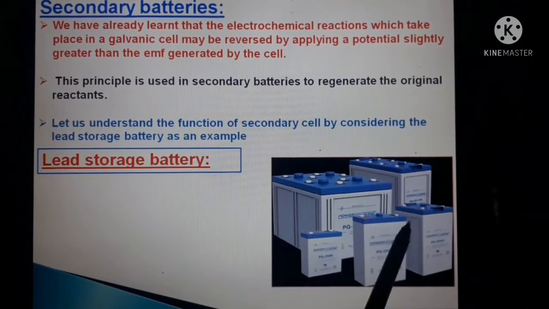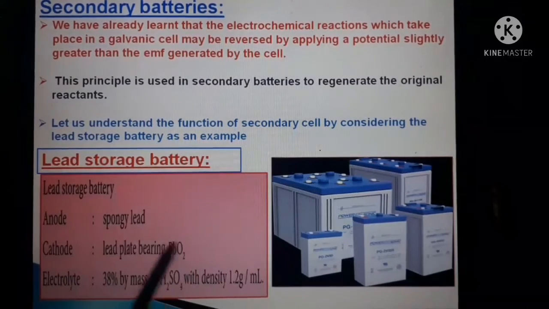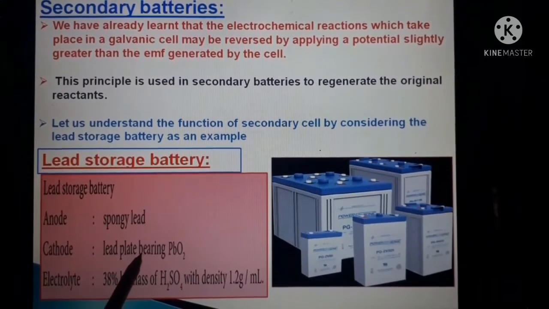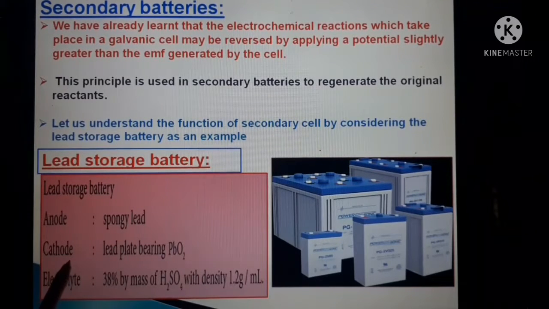The image is there. Now the description, the specification: anode is spongy lead. Spongy lead means very soft lead. And then cathode is a lead plate bearing lead oxide.